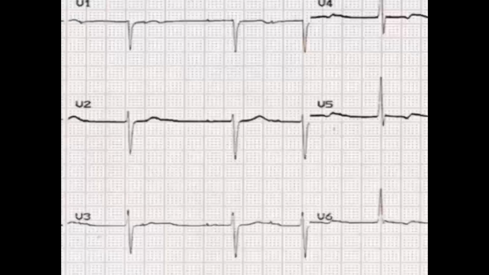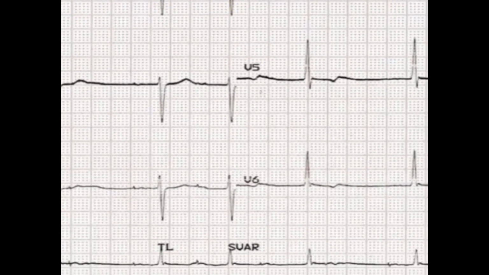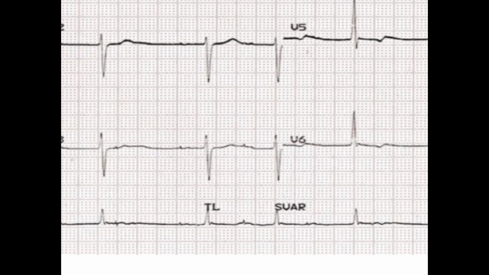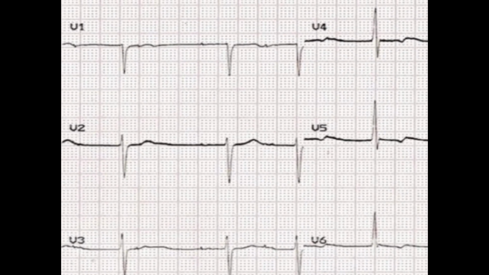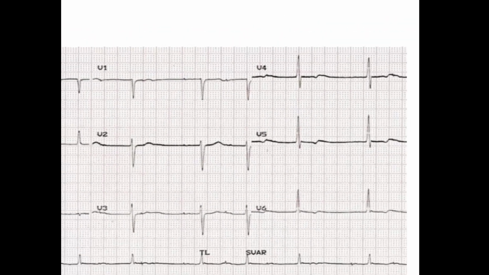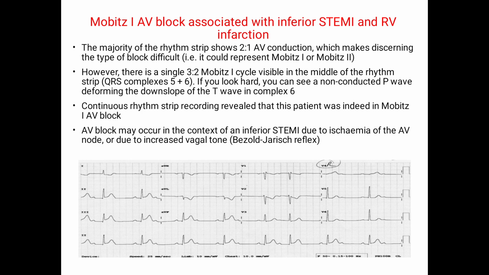Here, these are condensed QRS complexes, one P wave which is submerged with the T wave, and then we see a non-conducted P wave. Rhythm strip recording revealed that this patient has Mobitz type 1 block.